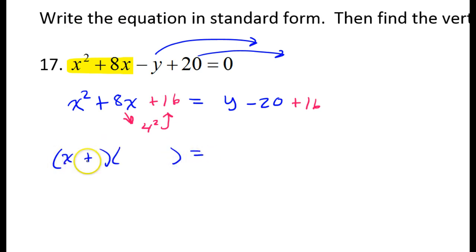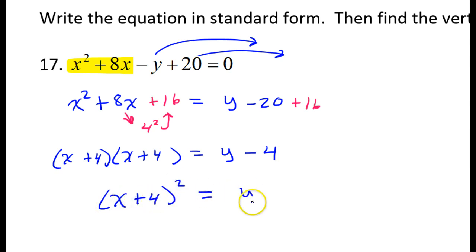So this will be x plus 4 times x plus 4. If the middle term is positive, they're both positive. Meanwhile, combining like terms over here, we have y minus 4. So we can write this as x plus 4 squared is equal to y minus 4.